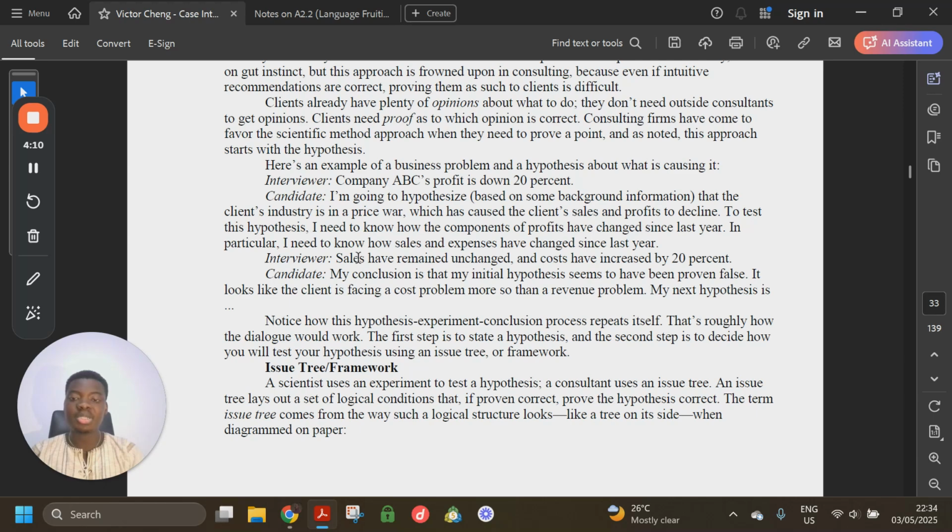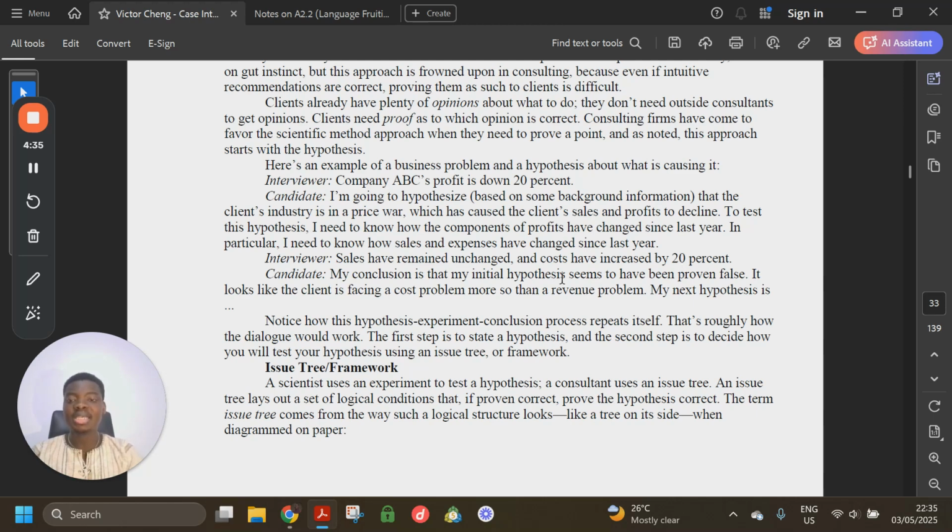So the interviewer responds and says, sales have remained unchanged and costs have increased by 20%, which essentially says that the candidate's initial hypothesis, that there's been a price war, does not hold, because now the interviewer is providing new information that sales have remained unchanged.